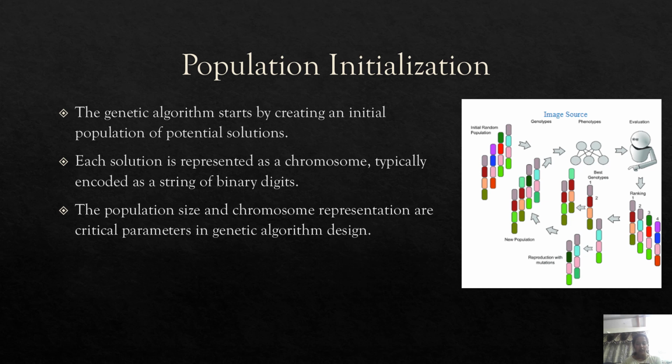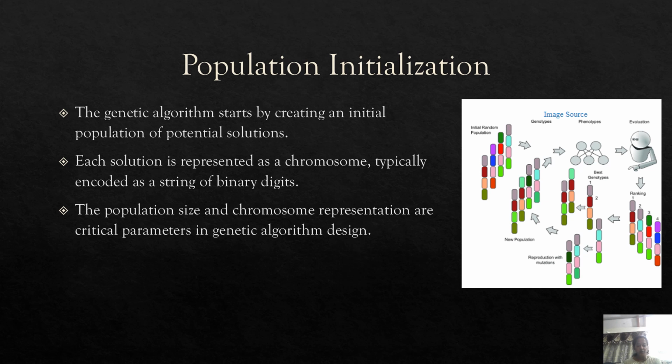Representation. Each individual in the population needs to be represented in a suitable format that reflects the problem domain. Common representations include binary strings, real valued vectors, permutations, or trees. Random initialization. Individuals are randomly generated to populate the initial population.